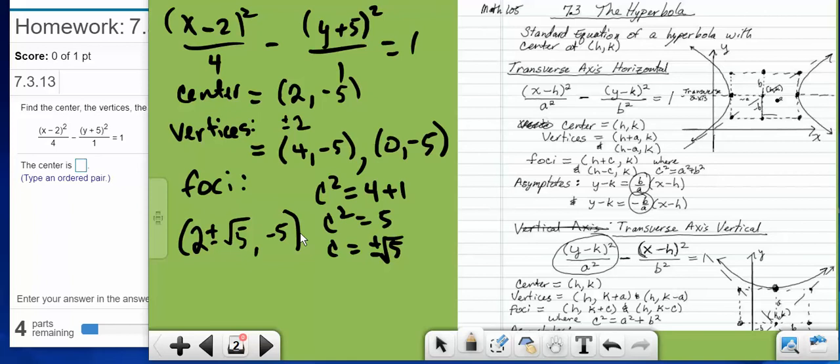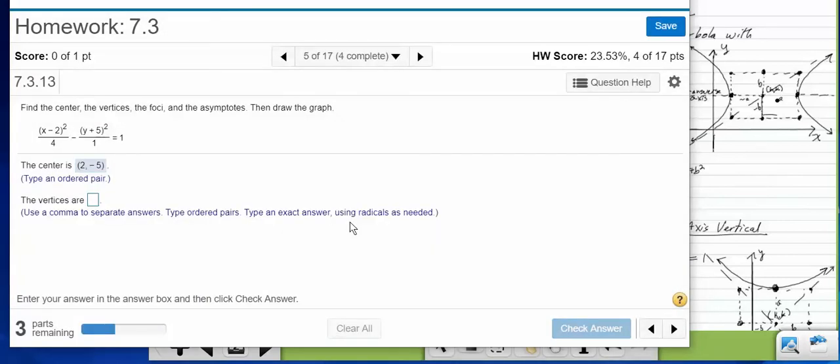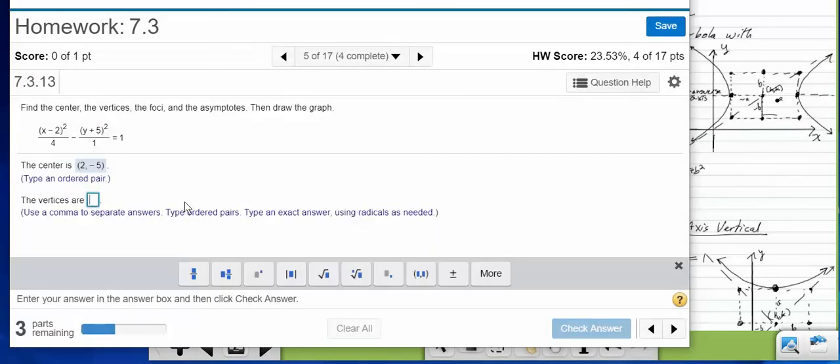Okay, all right, let's type that all in. So the center was 2, -5. The vertices were 4, -5, and 0, -5.